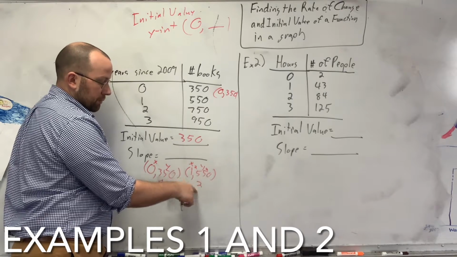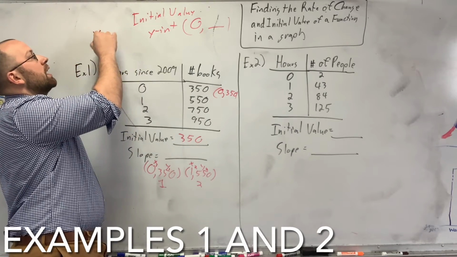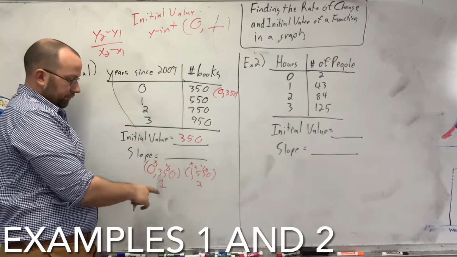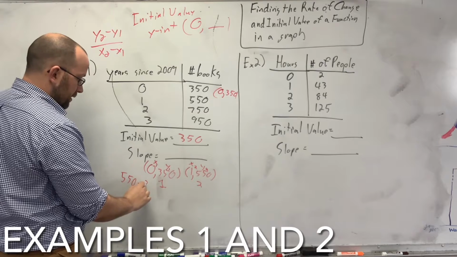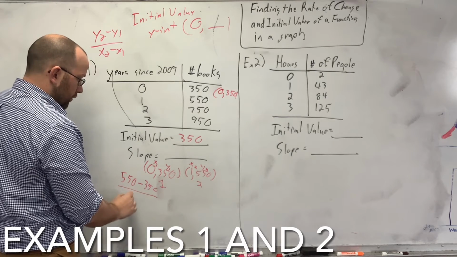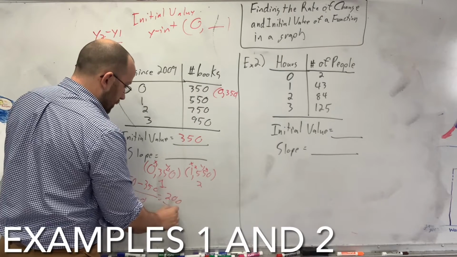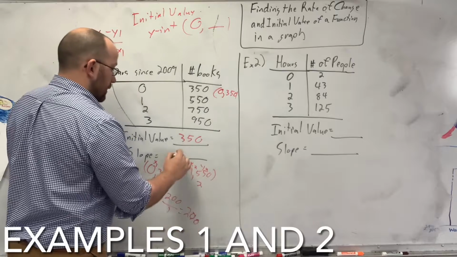Then I give it the little subscript of what I numbered it. So my formula is y2 minus y1 over x2 minus x1. So I do 550 minus 350 over 1 minus 0, so equals 200 over 1, which simplifies down to 200.